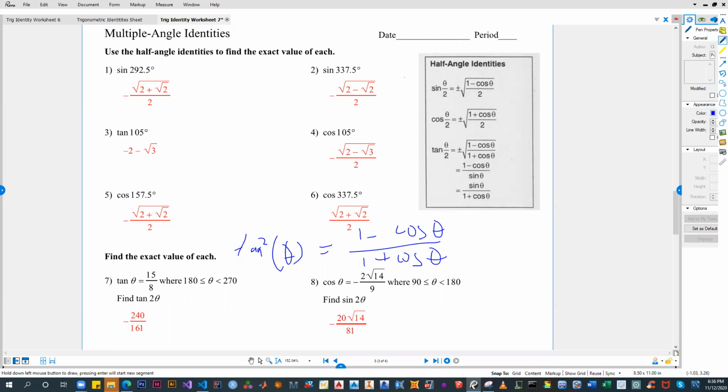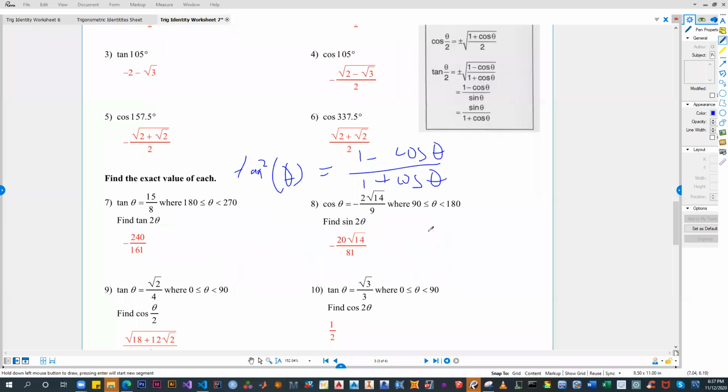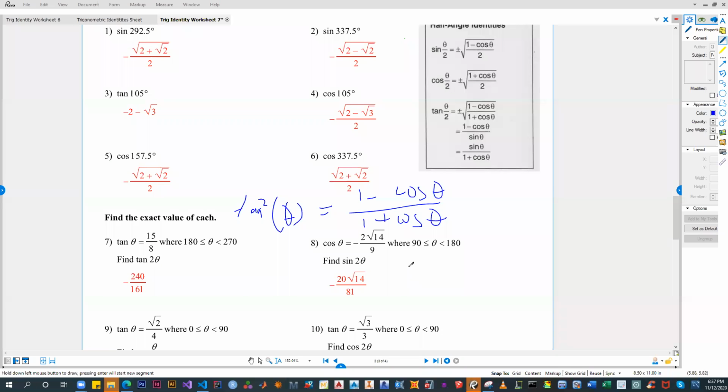Okay, so let me think, cosine. I wonder if you have to do the tan inverse. I don't think you have to do tan inverse of this.